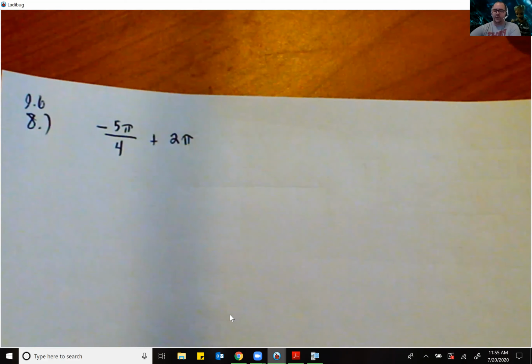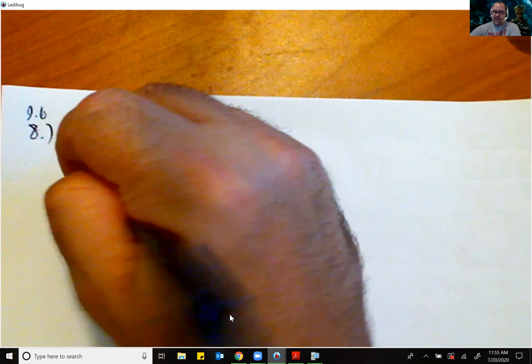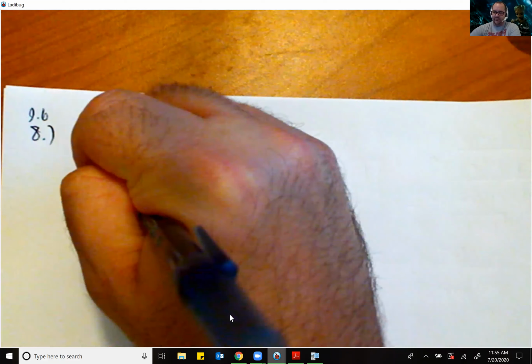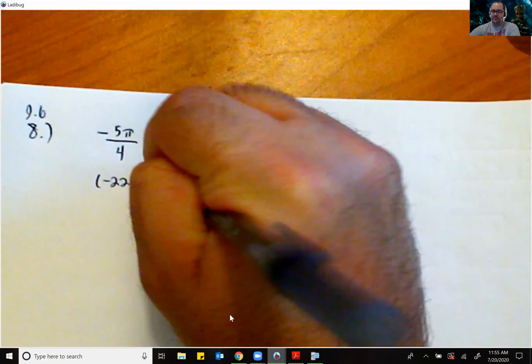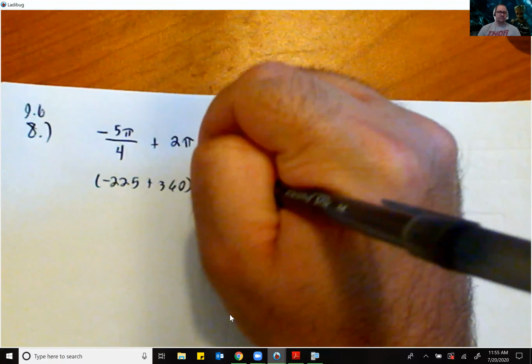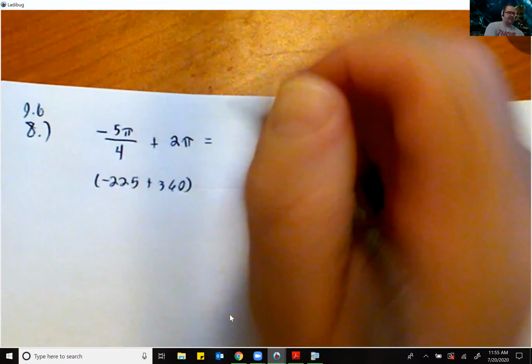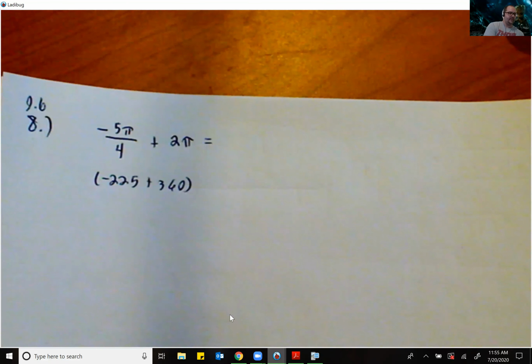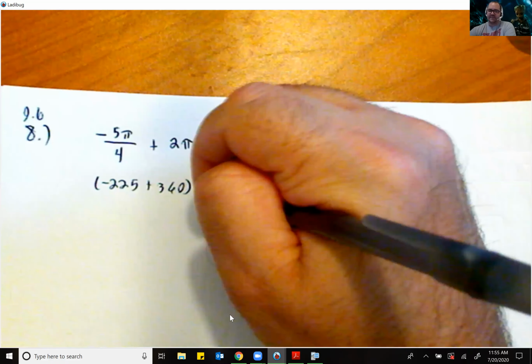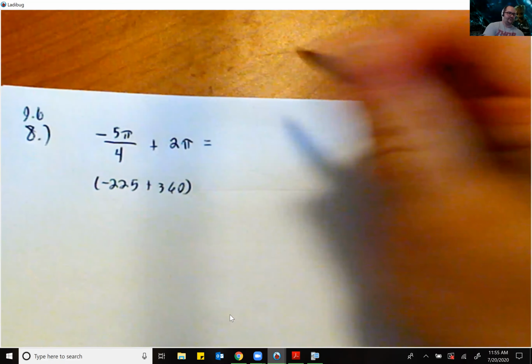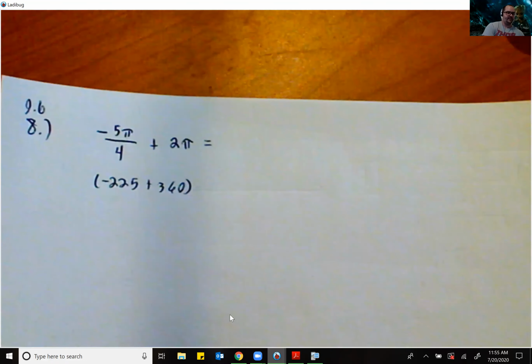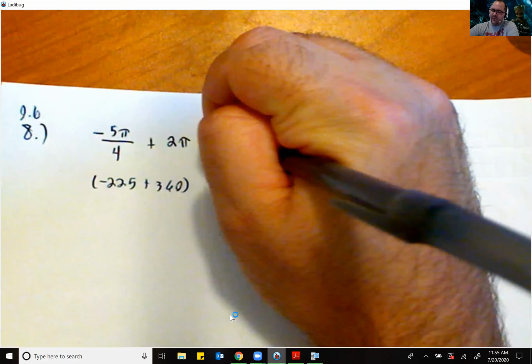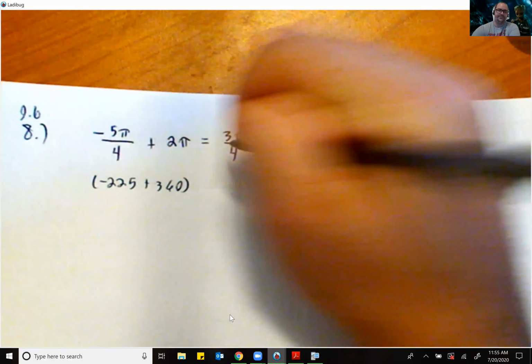Then all you would do is take negative 225 and add 360 degrees to it. If you did this, the angle would be a positive 135. And as radians, that's 3 pi over 4.